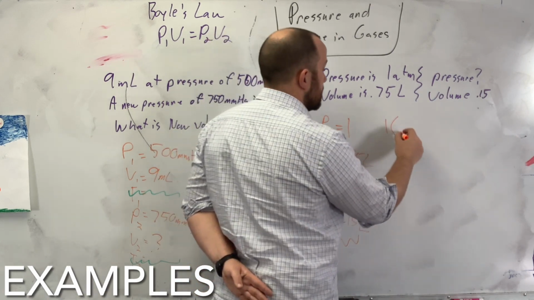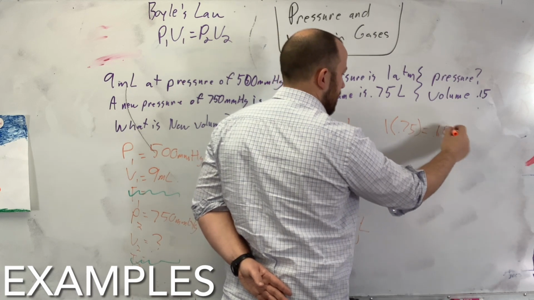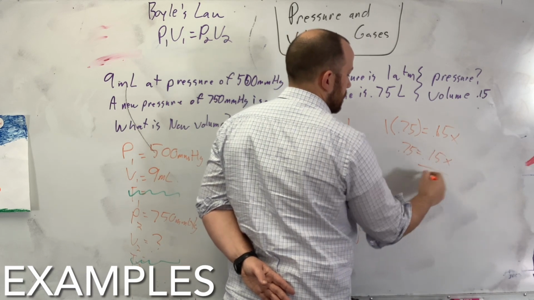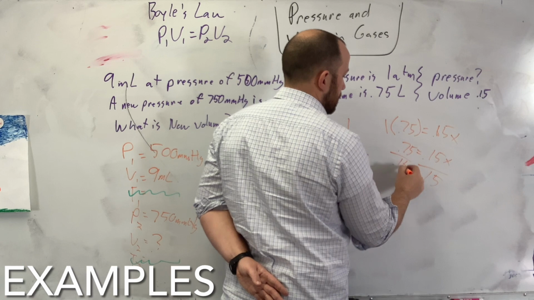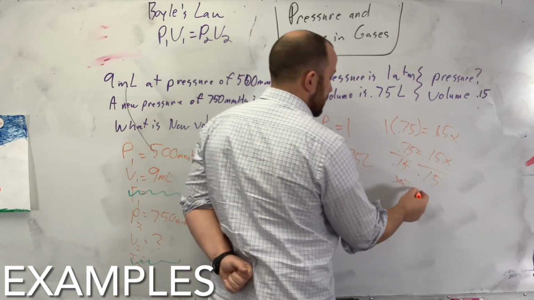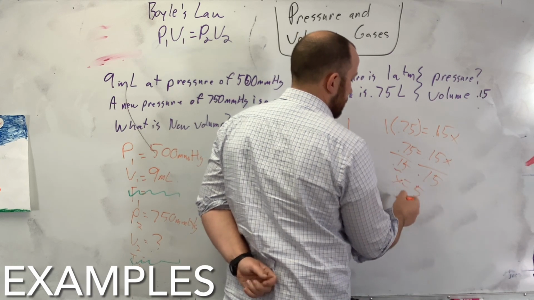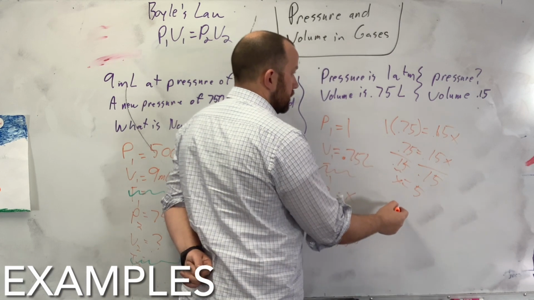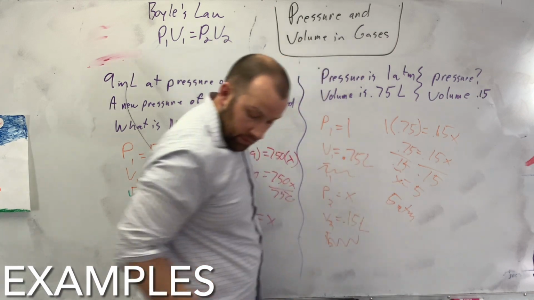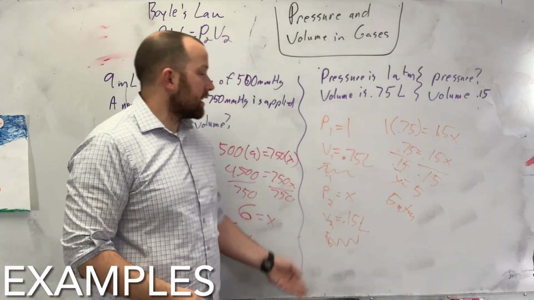So 1 times 0.75 equals 0.15x. X equals 5. Should be 5. So my new pressure is 5 atmospheres. Let me check to make sure. And there we go. That is how you use Boyle's Law.